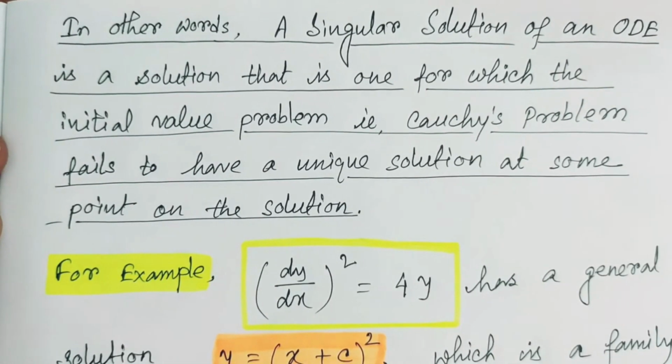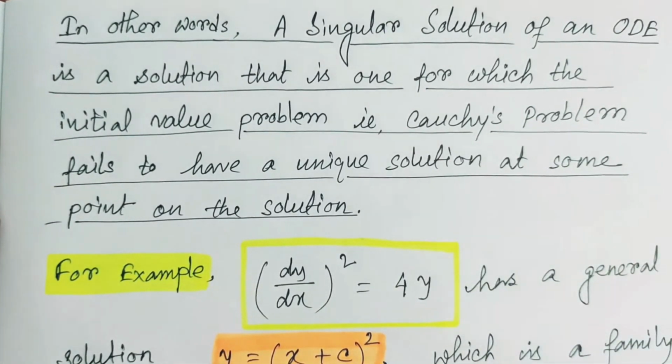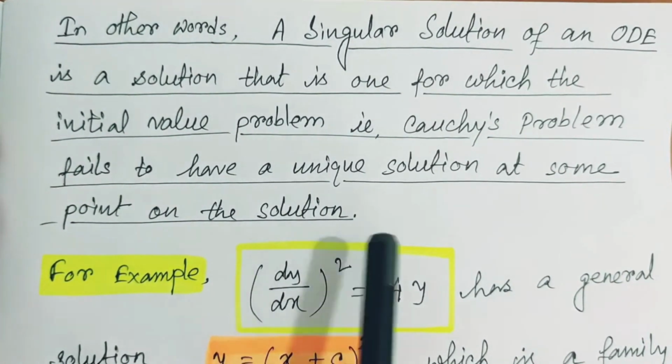It is not required to go through this definition right now. I am just giving you the definition. If anyone is interested in the topic in depth, then you should go for it.